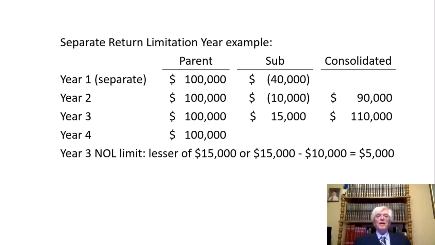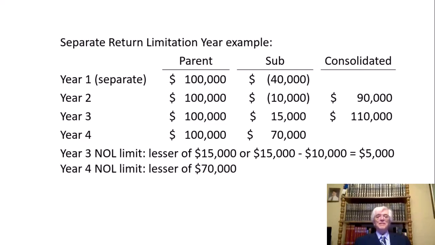Then in year four, parent had another $100,000 of income, and the sub had $70,000 of income. So our year four NOL limit is the lesser of 70,000 or 75,000, which of course is 70. The 75,000 is the 70,000 plus the 15 and then subtracting out the 10, the cumulative income.